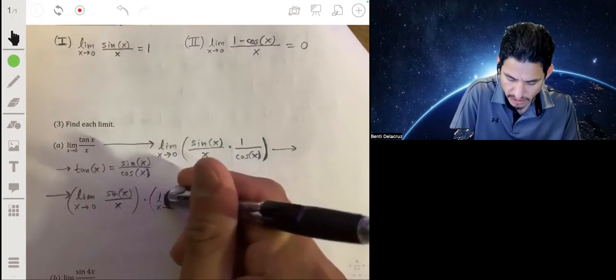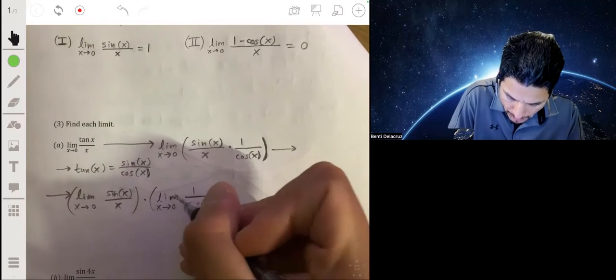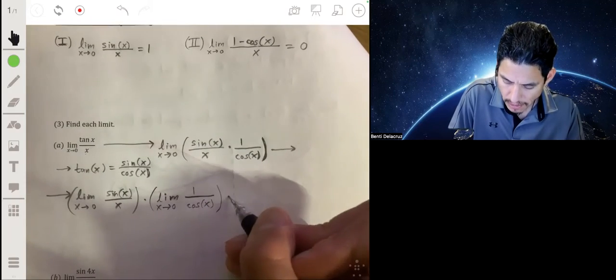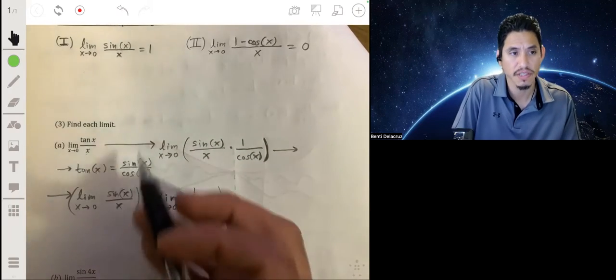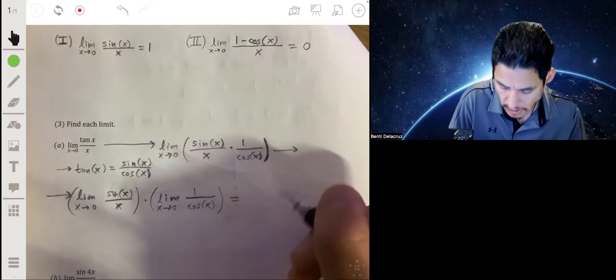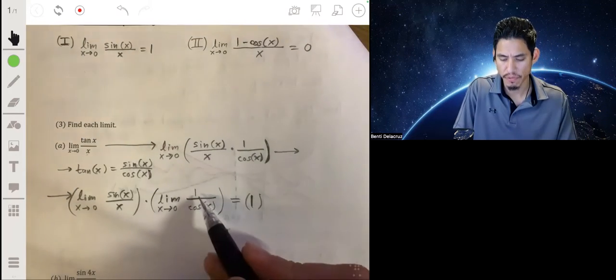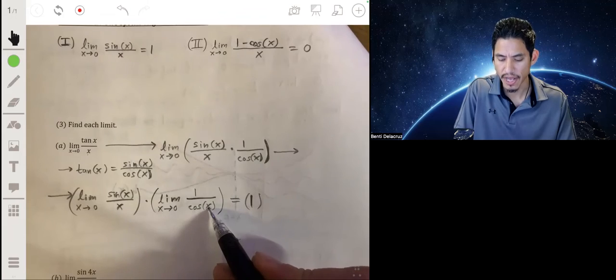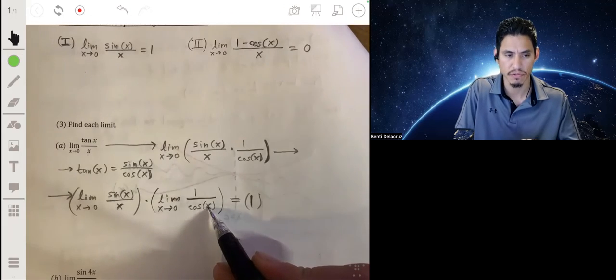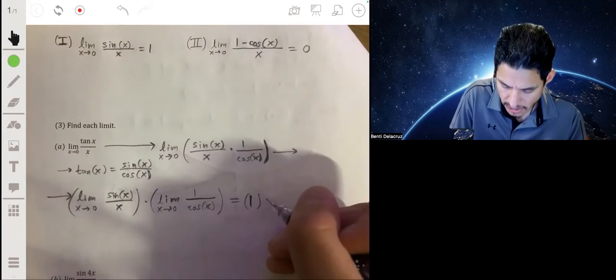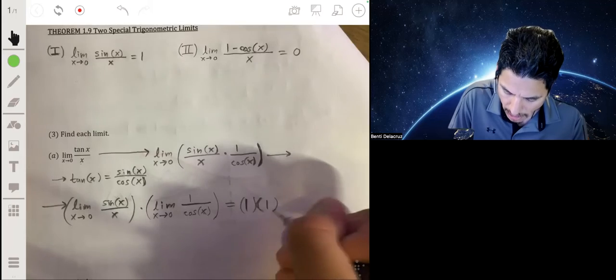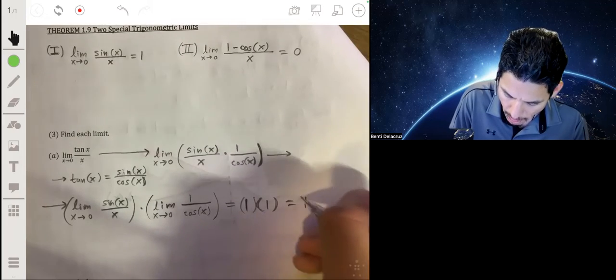We just learned that this first one is defined to be 1. So it's 1 times, and the cosine of 0 is defined because the cosine of 0 is just 1. So this is just 1 over 1. And so we'll just see 1 times 1, and our answer will be 1.